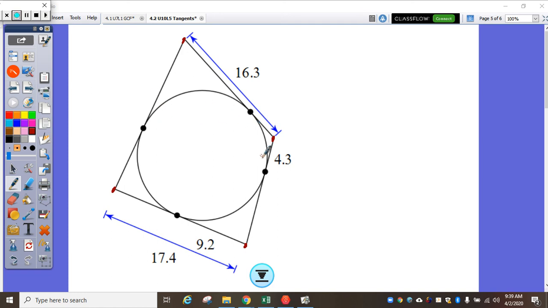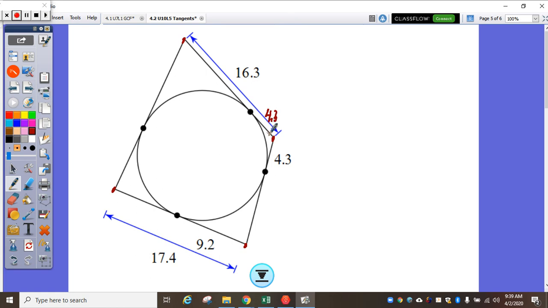Anyways, let's go ahead and fill this out. If I wanted to find all of my missing sides, because eventually you will have to find the perimeter of this quadrilateral by adding up all the sides. Remember that if this is 4.3, this is 4.3.